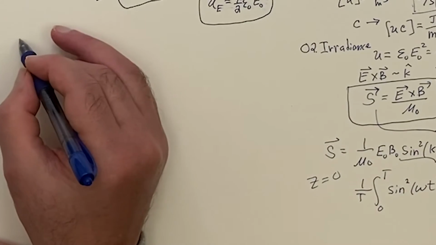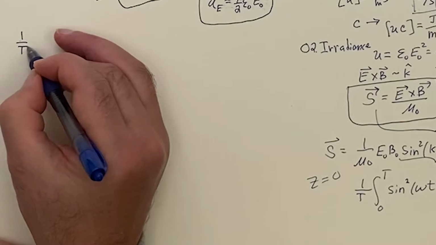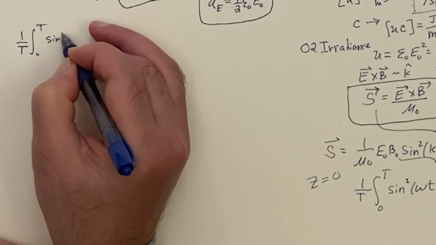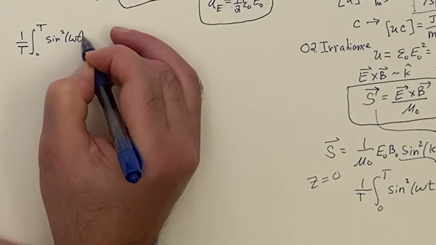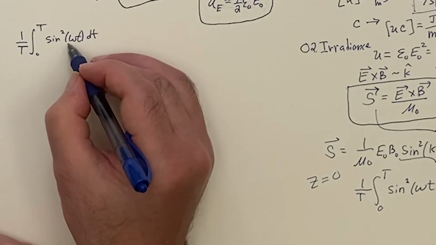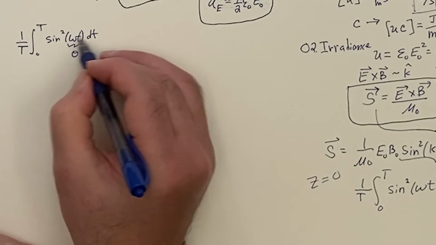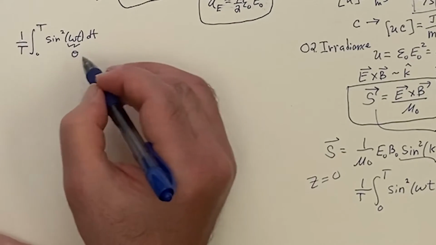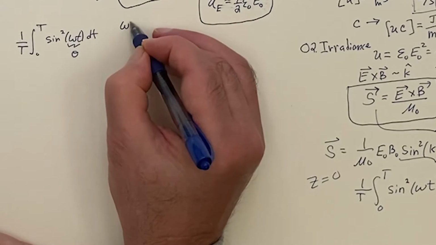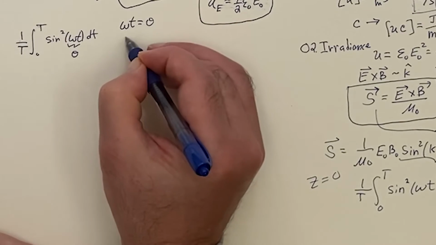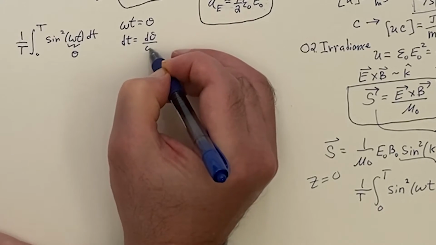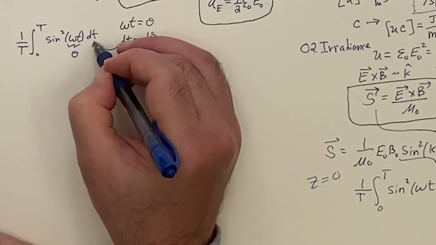Okay, so let's go over here. 1 over T, integral from 0 to T, sine squared. Now, the first step is going to be, let this be a theta, so we can have a nice integral to do, and change the variables. So in other words, omega t equals theta, then dt is d theta over omega, and that'll go in here.